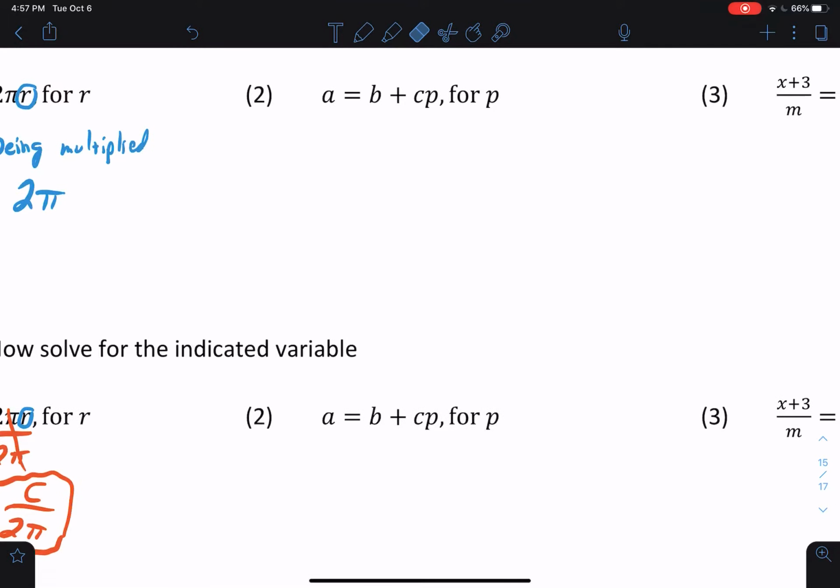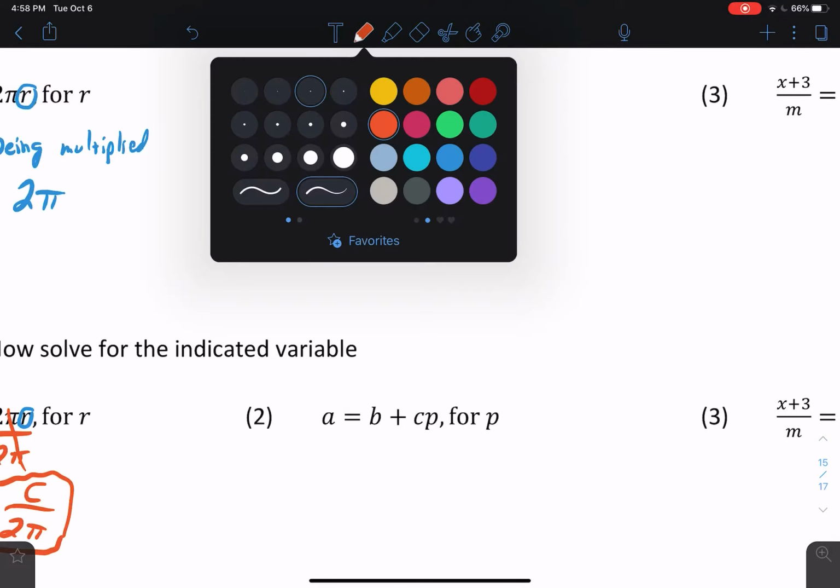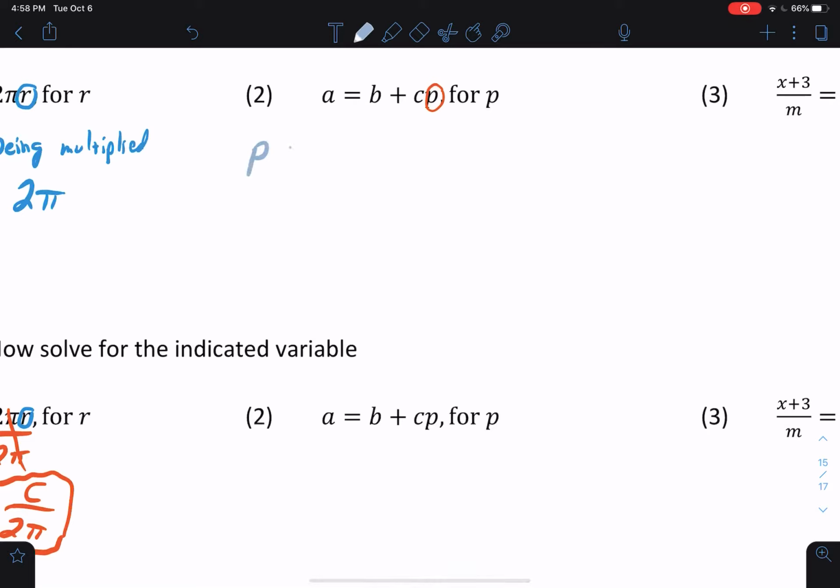We've got a equals b plus c times p. We are trying to solve for p. So what's happening to p? Well, p is being multiplied by c.